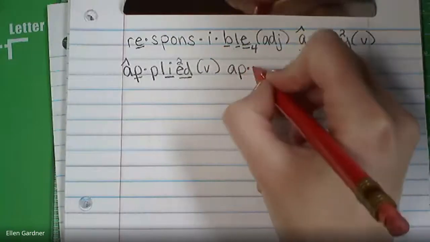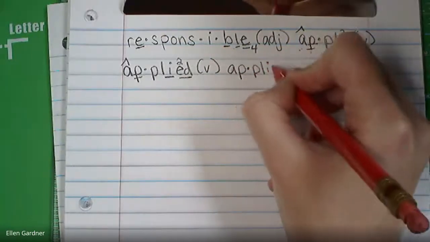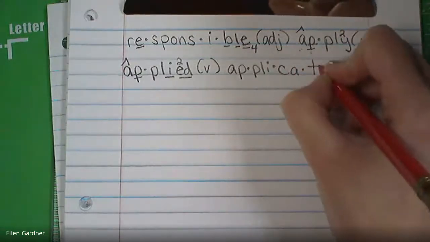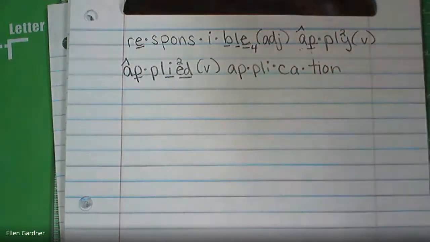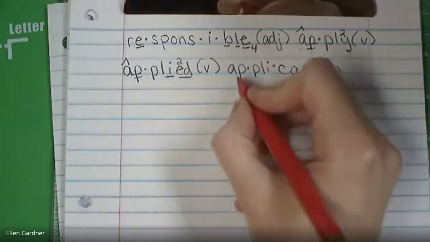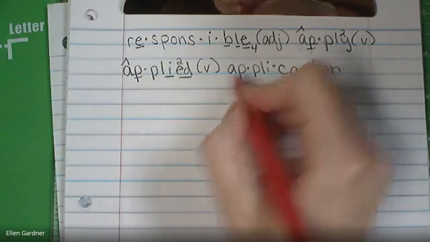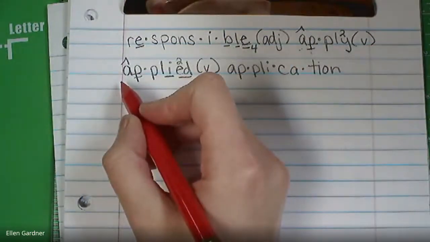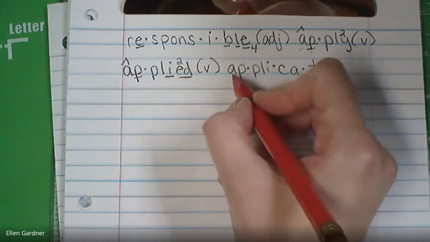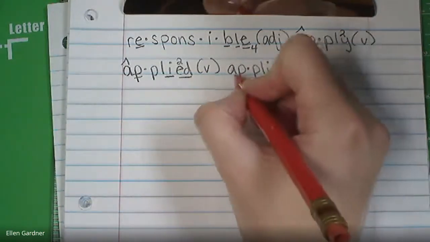A, P, syllable break. P, L, I, syllable break. K, A, syllable break. Sh, n. Application. Okay, let's mark it. Application. We don't need a thinking cap anymore because we now are going to pronounce this the correct way, application.